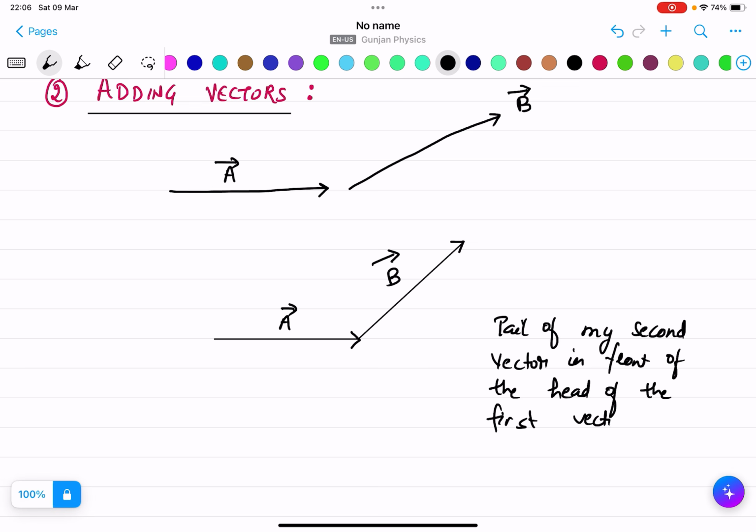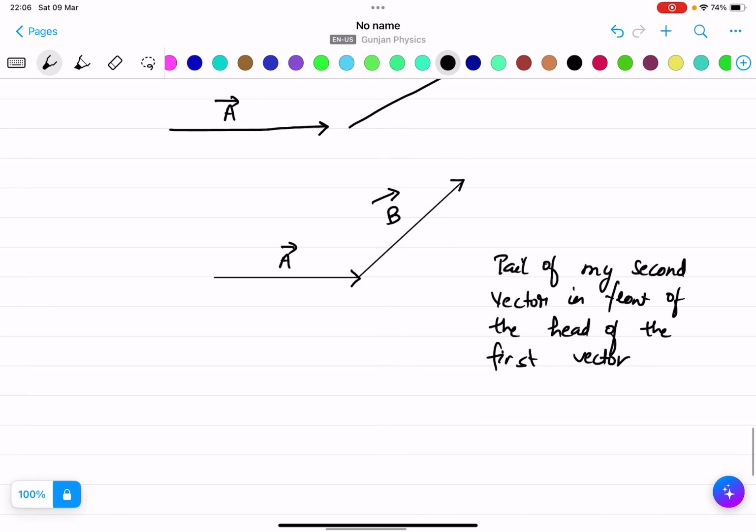When I do this and add, the resultant vector will be like this. This will be my resultant vector. The resultant vector will have its tail on the tail of the first vector.